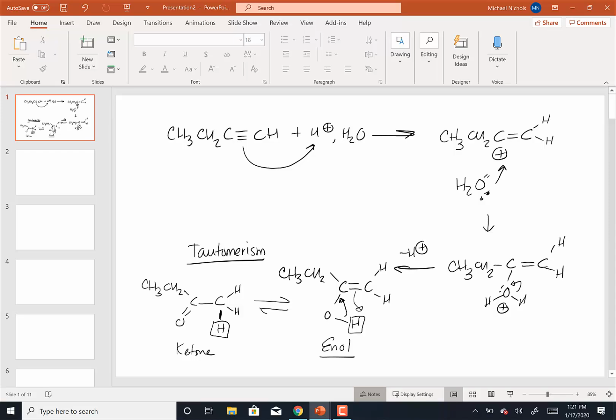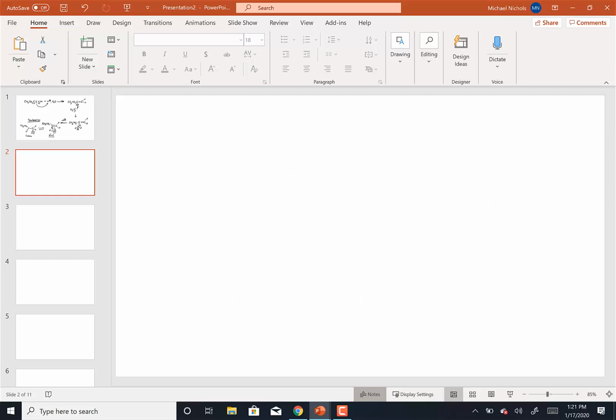Now what happens, this is truly Markovnikov, because this carbon has 0 hydrogens, that carbon has 1 hydrogen. So what would happen if I take a problem like what was on the worksheet from Wednesday? What if I had an internal alkyne that was not symmetrical?